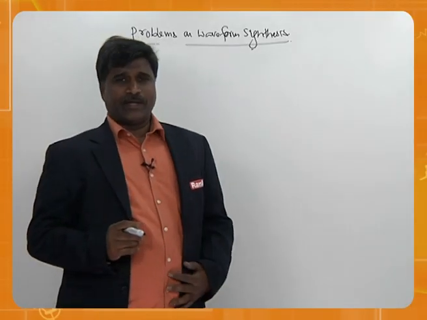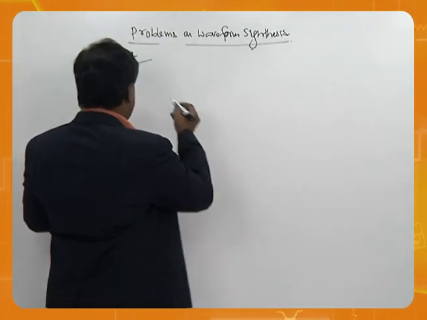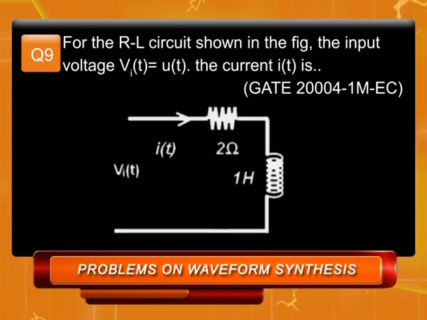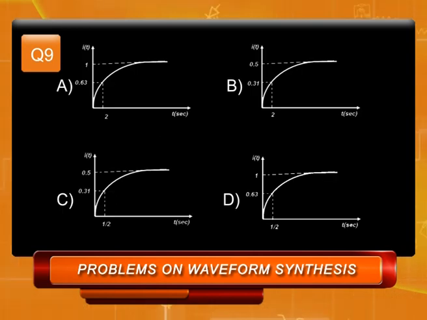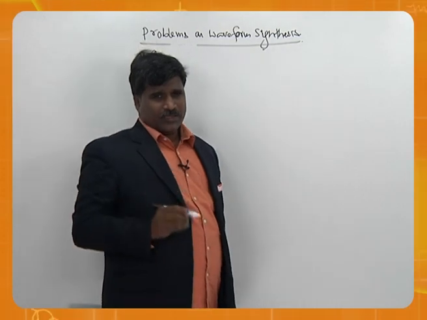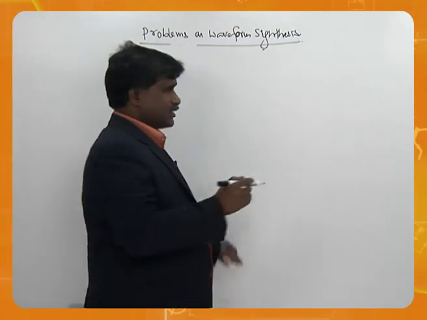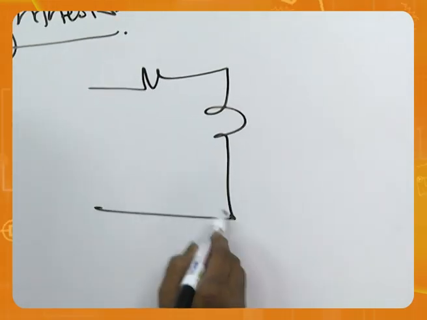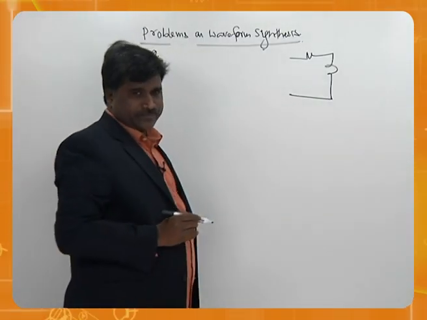Let's go to the 9th problem, question number 9. For the RL circuit shown in the figure, the input voltage given is u of t. The current I of t, what is it? Given in GATE 2004. So let's calculate. First, what is given here?